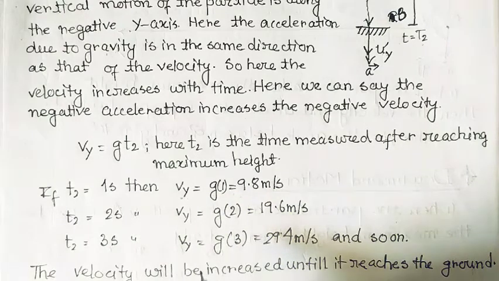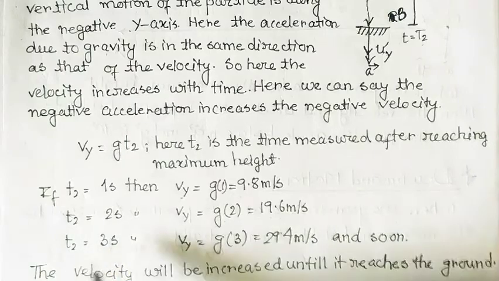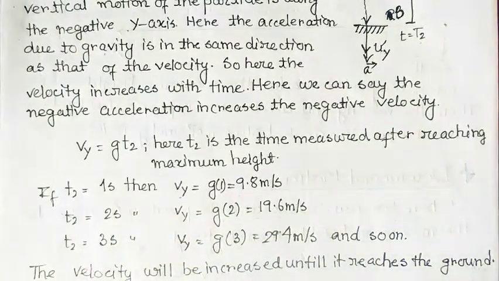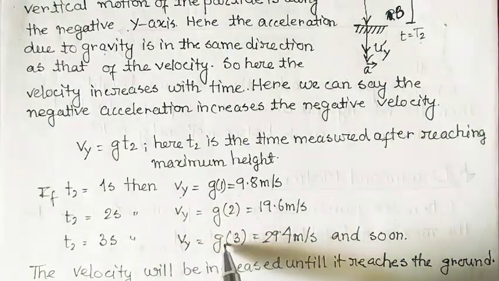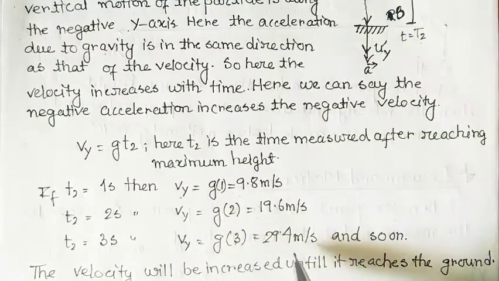The velocity is numerically exactly equal to that of the acceleration due to gravity. If t2 equals 2 seconds, then Vy, the y component of velocity, is g into 2, that is 19.6 meters per second, twice the value of the acceleration due to gravity. Now if t2 equals 3 seconds, then Vy equals g into 3, so 29.4 meters per second, and so on.